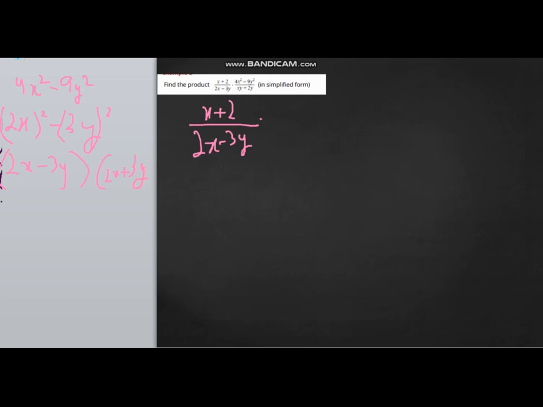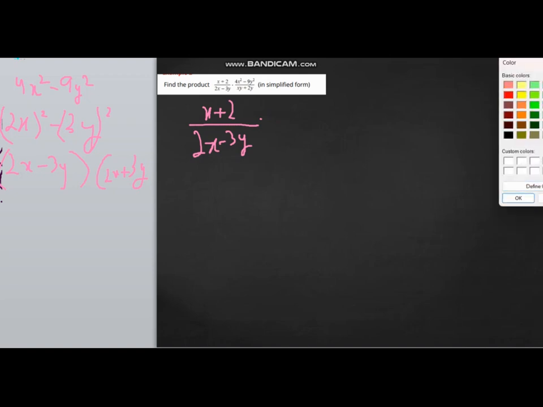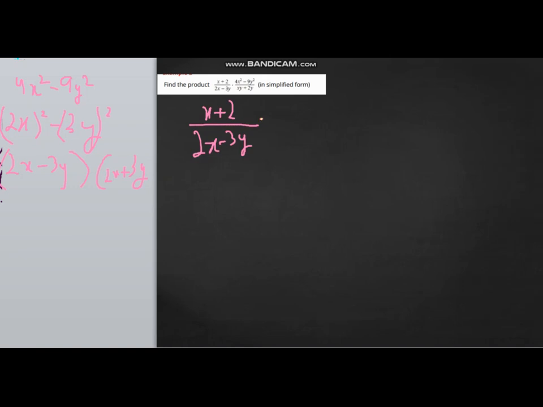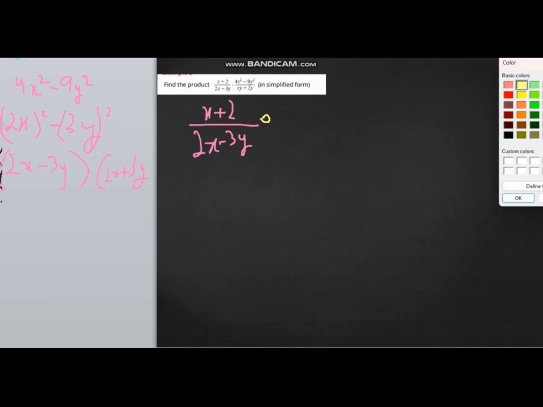Okay, so this is the multiplication sign. Let's just make it with a different color. I'm going to use green.